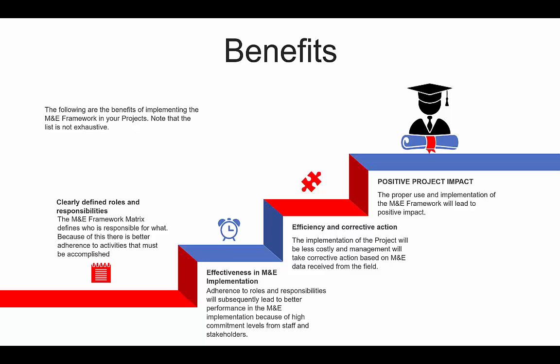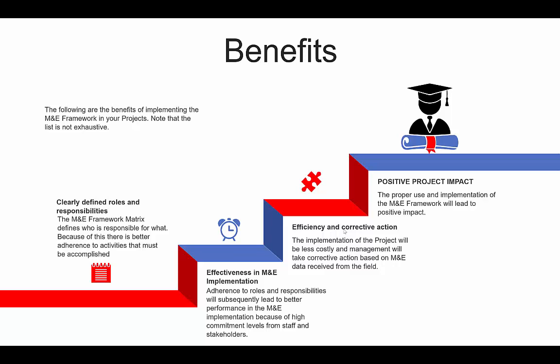Now, to get efficiency, it all begins with effectiveness. People need to effectively implement the M&E system. And then, once this is achieved, you discover that management will have the correct data to make corrective decisions. If there is a problem, they'll correct it on time because they're being fed data.